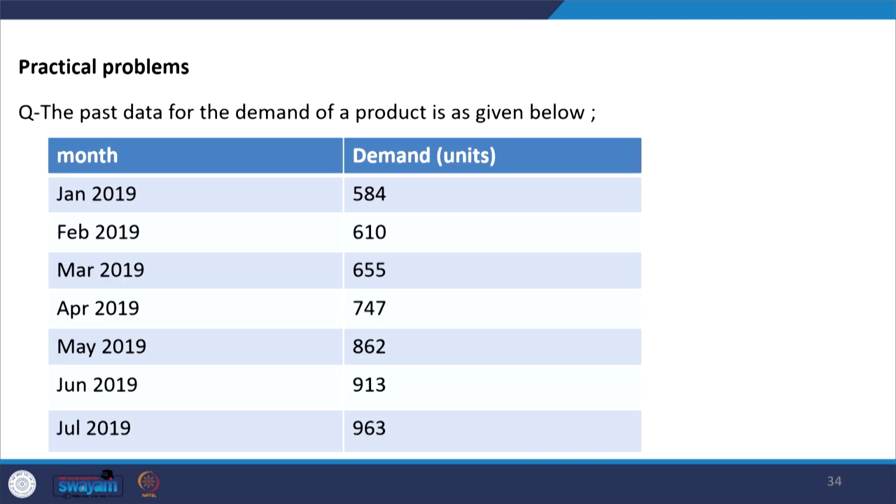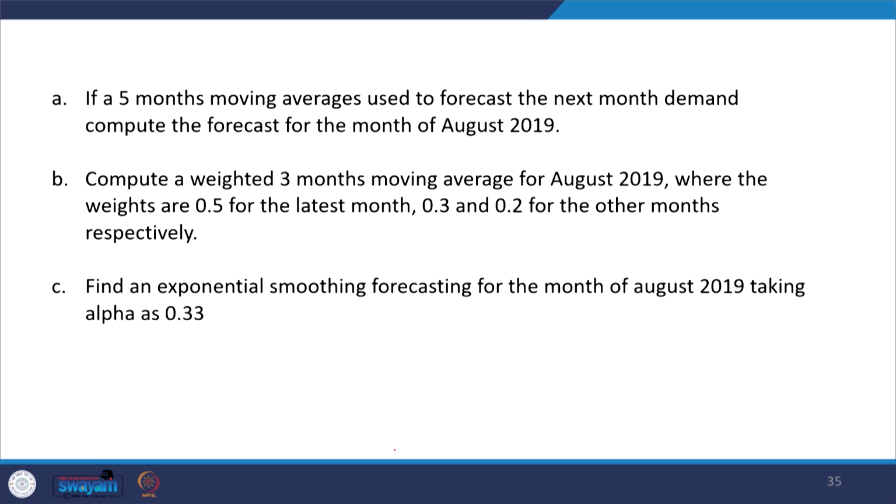Let us solve some problems. The past data for the demand of a product is given below: January 2019, February, March, April, May, June, July. If a 5 month moving average is used to forecast the next month's demand, compute the forecast for August 2019.